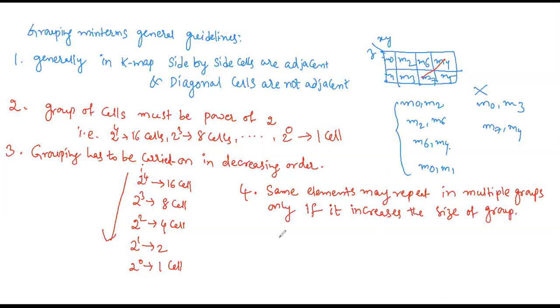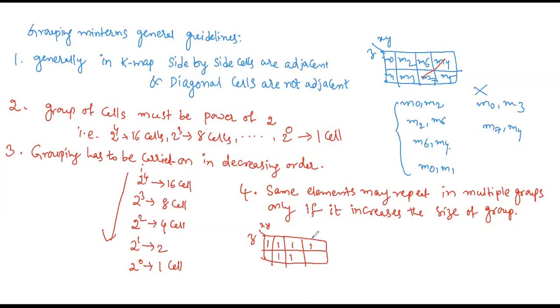Okay. Now we will see. This is a 3 variable K-map. We have the minterms like this, X, Y, Z. Now you have to look for as many cells as possible first.